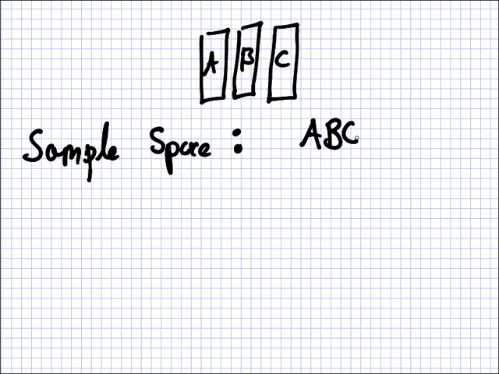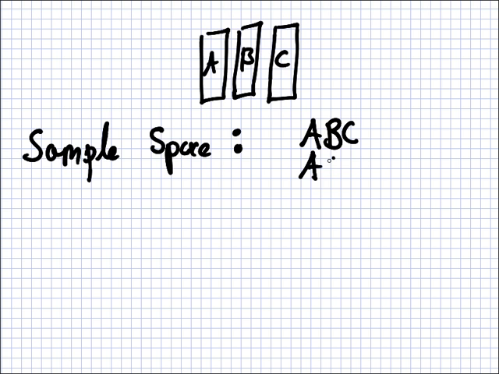So I've done the first one, A, B, C. Did you list them all out though? You got that? Yeah. So there's 6.